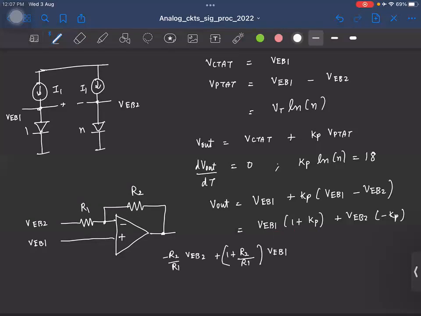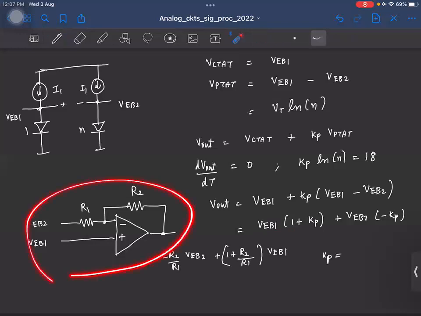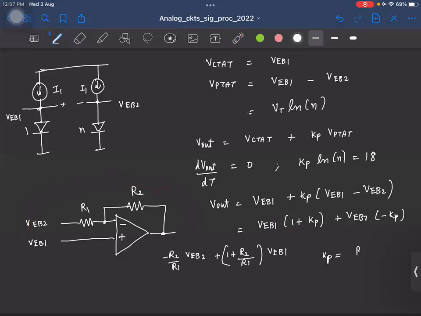Okay. So here now, what is the value of Kp in this circuit? Sorry, R2 by R1. Okay. Now remember that we wanted to have this gain Kp, and this gain should be a constant, right? Basically, if you increase or decrease the temperature, this gain should not change, right? That's what we had assumed, right? When you took the first derivative of this, we assumed that this factor is a constant. Okay. So now the gain we have is R2 by R1.